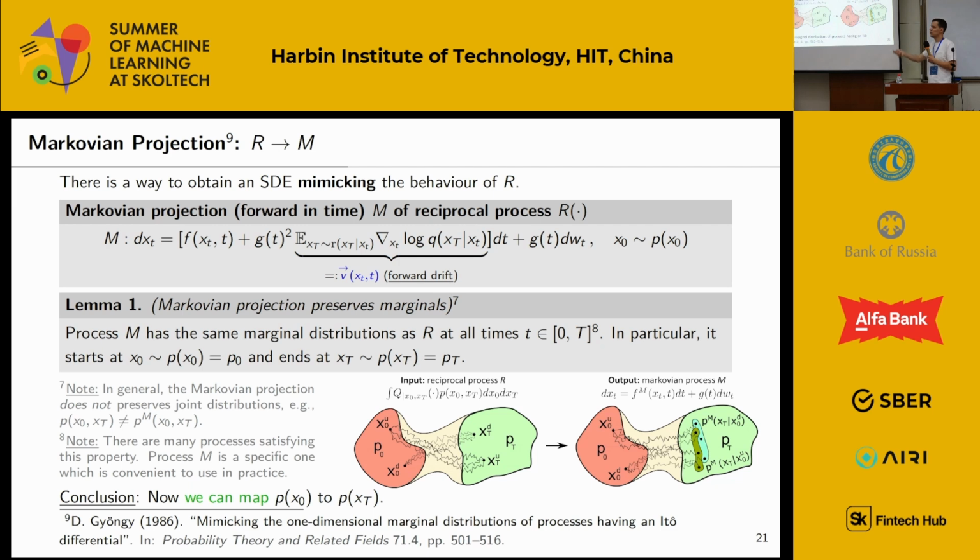And this process, which is called Markovian projection, can be described as a stochastic differential equation of the following form, where this V with arrow is a drift, and this drift can in fact be computed if we know the transition probabilities of our reference initial process Q, which we use to construct our reciprocal process and our bridges, and samples from this reciprocal process.